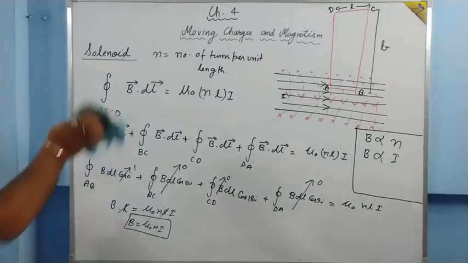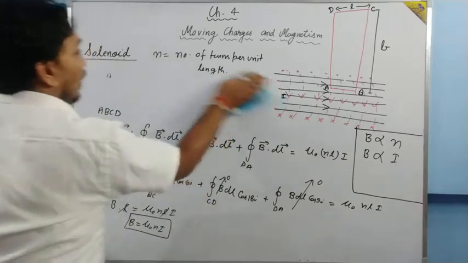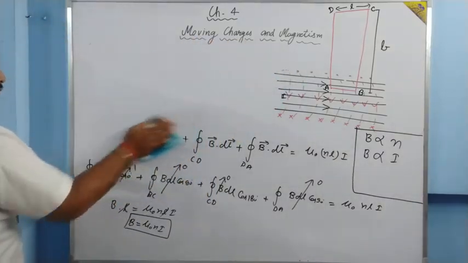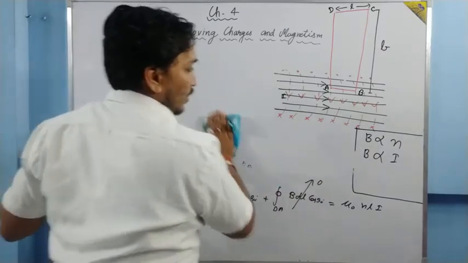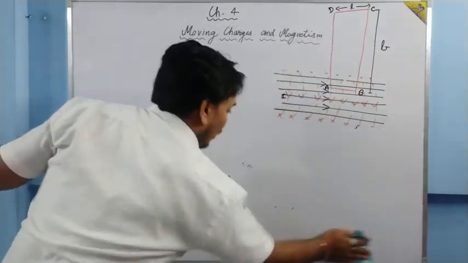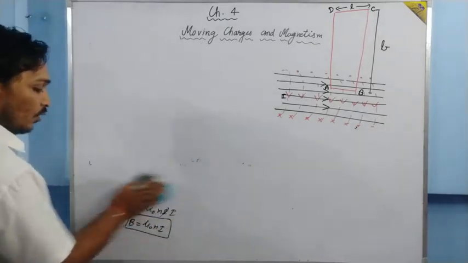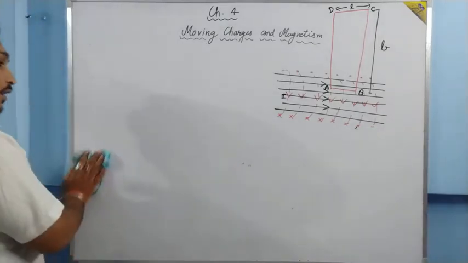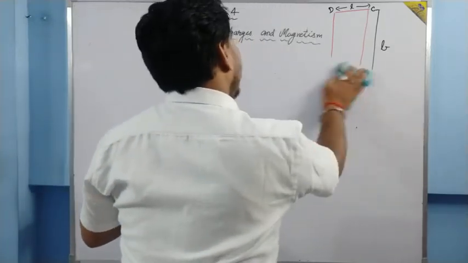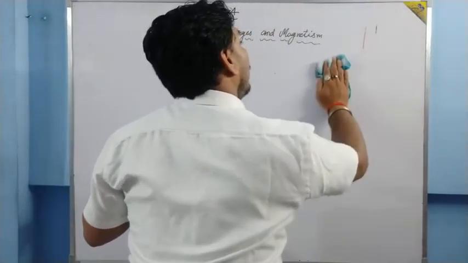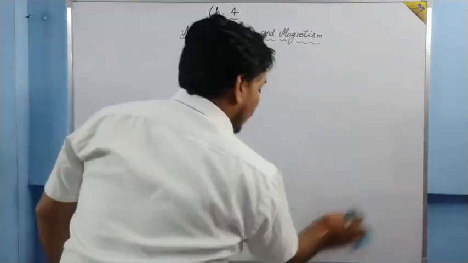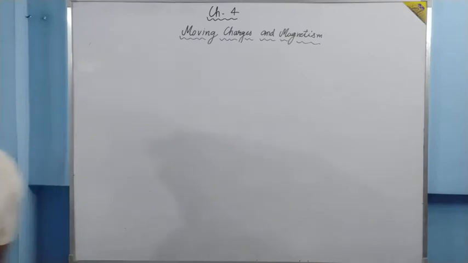Now let us come to the next thing, which is the toroid. Now what is a toroid? A toroid is a kind of solenoid, only the shape is different. We bend a solenoid into the form of a ring, and the resulting structure is called a toroid.